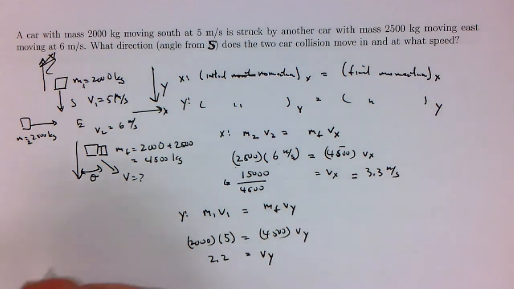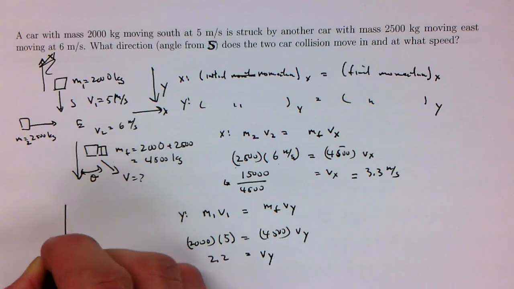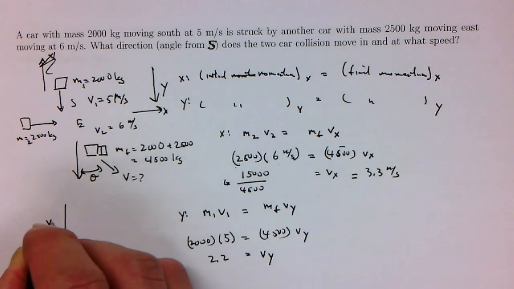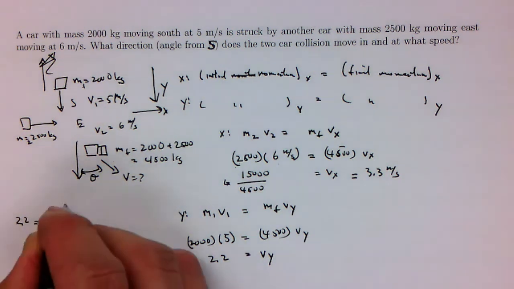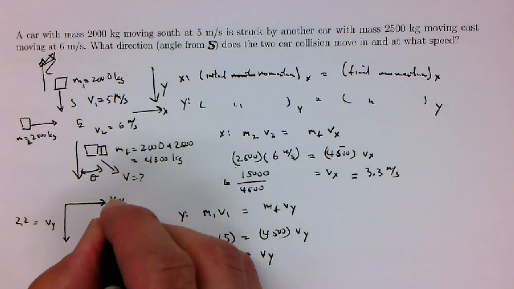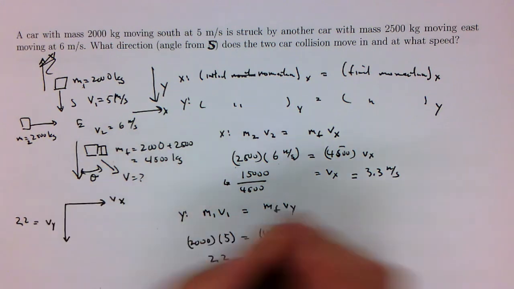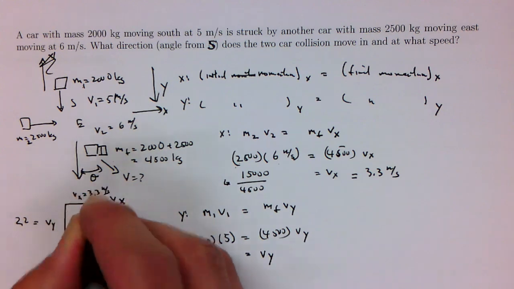Okay, so now let's look at this angle here. Let's just draw this thing out. So now we know that this thing's moving with some velocity Vy, and this is going to be equal to 2.2 meters per second, and it's going to be moving with some direction, Vx, and this Vx is equal to 3.3 meters per second.